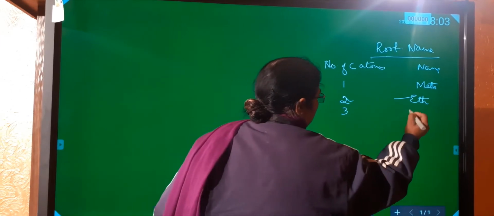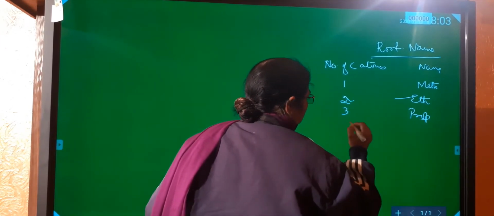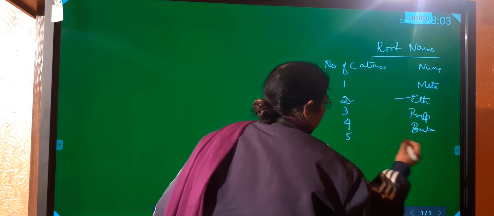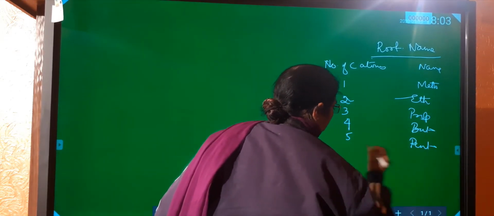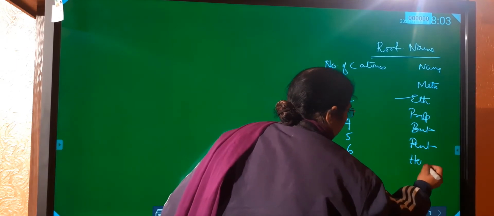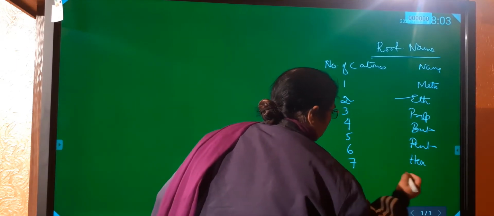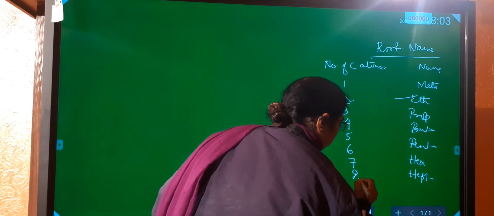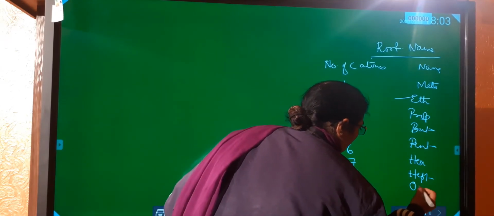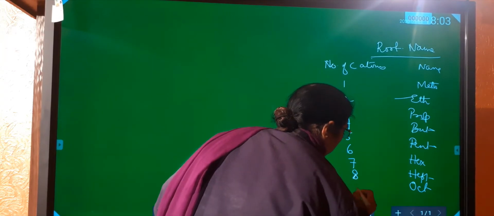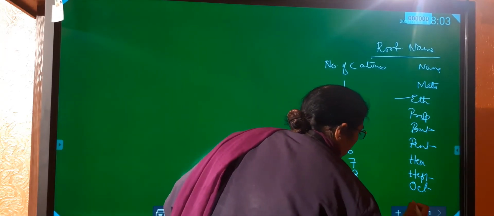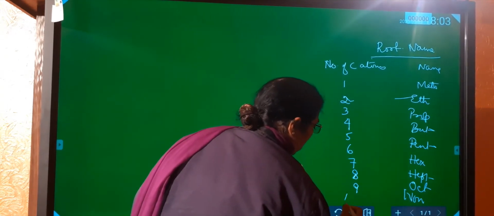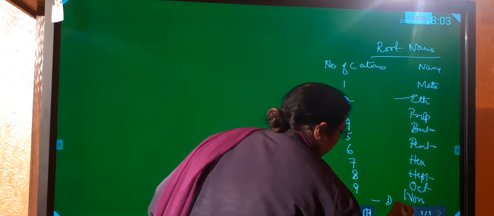For 3, it is prop. For 4, it is but. For 5, it is pent. For 6, it is hex. Similarly, for 7, it is hept. For 8, it is oct. For 9, it is non. And lastly, for 10, it is dec.